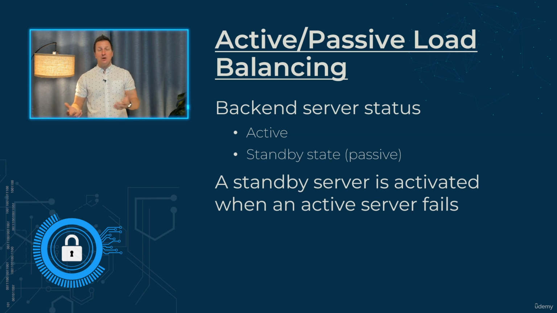They are activated when a server that's currently designated as being active is no longer responding. Maybe it crashed, maybe it's just too overwhelmed with client connections, but that is when it kicks in. So when you configure a load balancer, whether it's hardware or software based, whether it's on premises or in the cloud, there are a number of options to consider depending on your specific application needs.